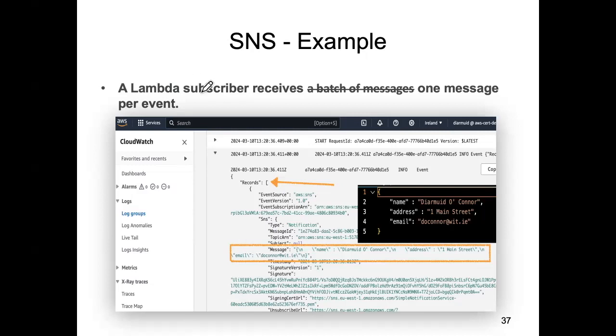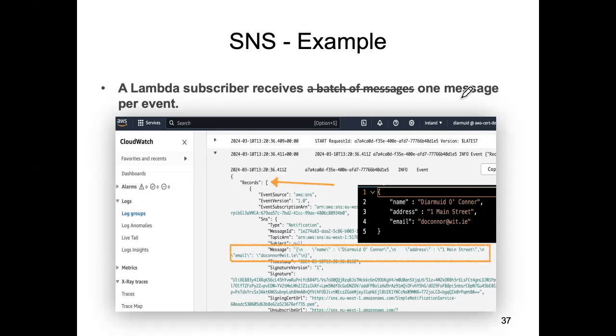That's why in the text I've written, a Lambda subscriber receives a batch of messages, and I've struck out batch of messages because that is not the case. At least from my reading of the documentation, it never receives a batch. It will always receive only one message at a time.